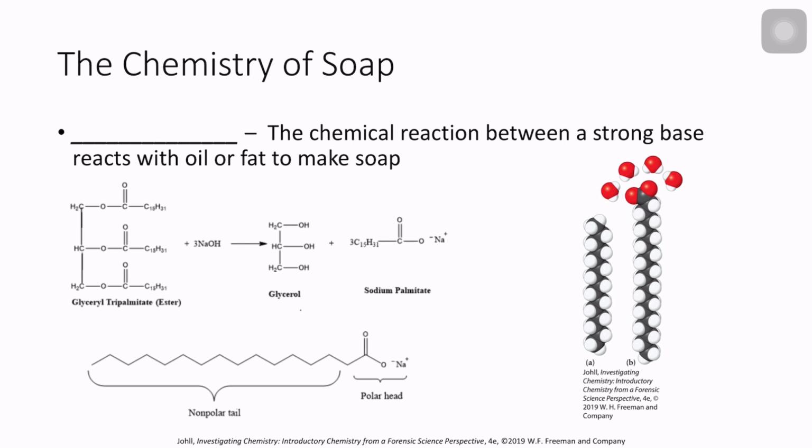So we use a process called saponification. It is a chemical reaction between a strong base, usually lye, which is sodium hydroxide, and some sort of oil or fat to make soap.